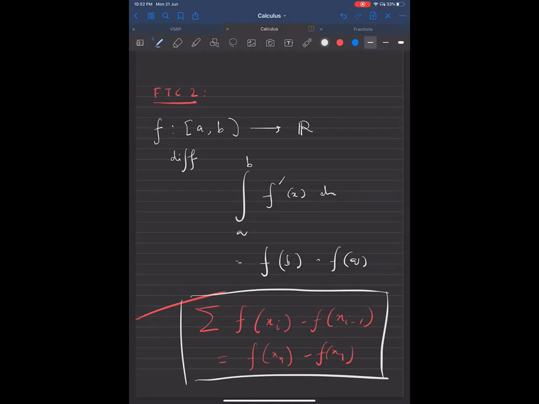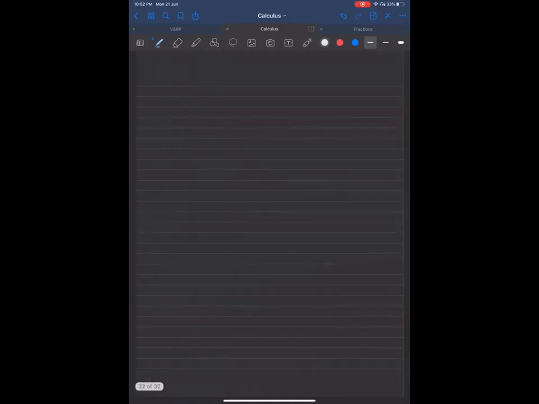So the theorem I want to state is like this. It says that the integral from a to b of f is equal to f(c) times (b minus a) for some c. You can try to prove this.